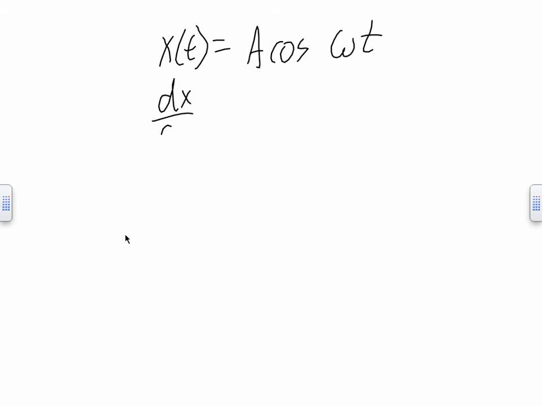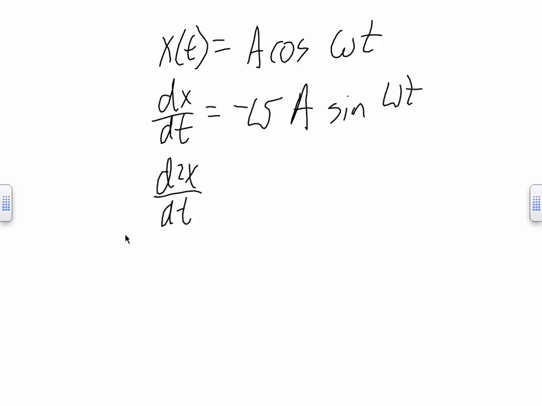You remember what I said: x of t is A cosine omega t, and then dx dt was negative omega A sine omega t, and then d2x over dt squared is this.